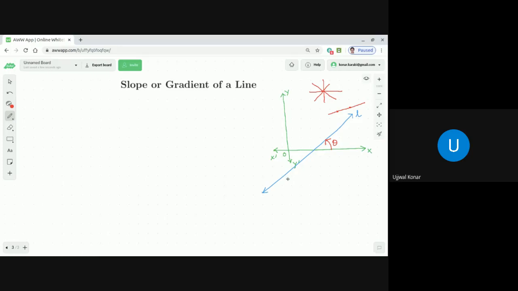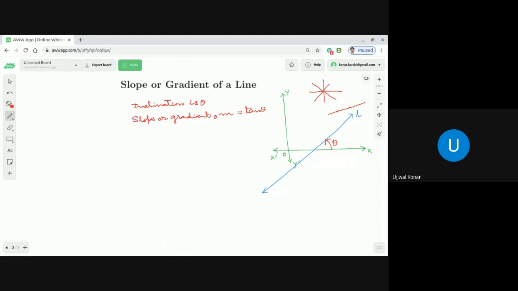So inclination is theta. Slope or gradient is generally denoted by m, and you know, dear students, it is tan of this angle.